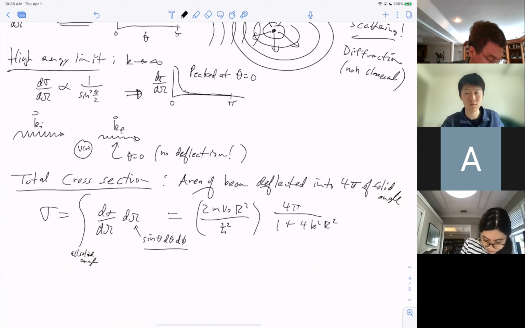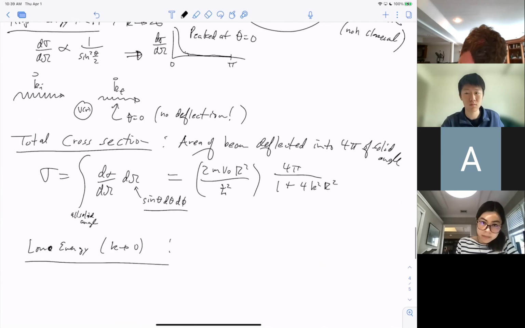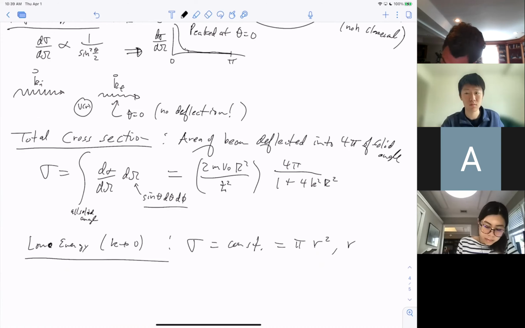And you can see then that for low energy, where k goes to 0, sigma is equal to a constant, which you can think of like this, pi times some r squared, pi r squared, where the radius, when you do the math, is going to be 2mv0 r squared over h bar squared.